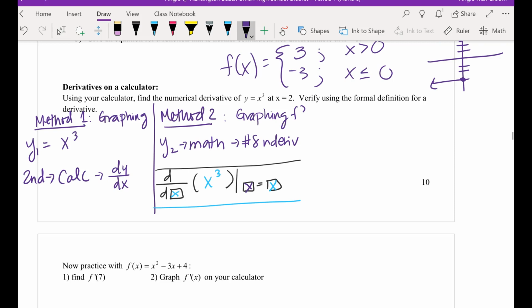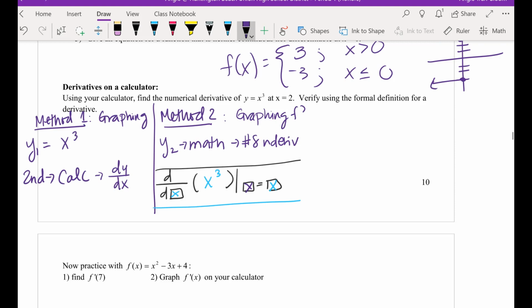Now, older calculators: you're going to have to fill out three different spots.